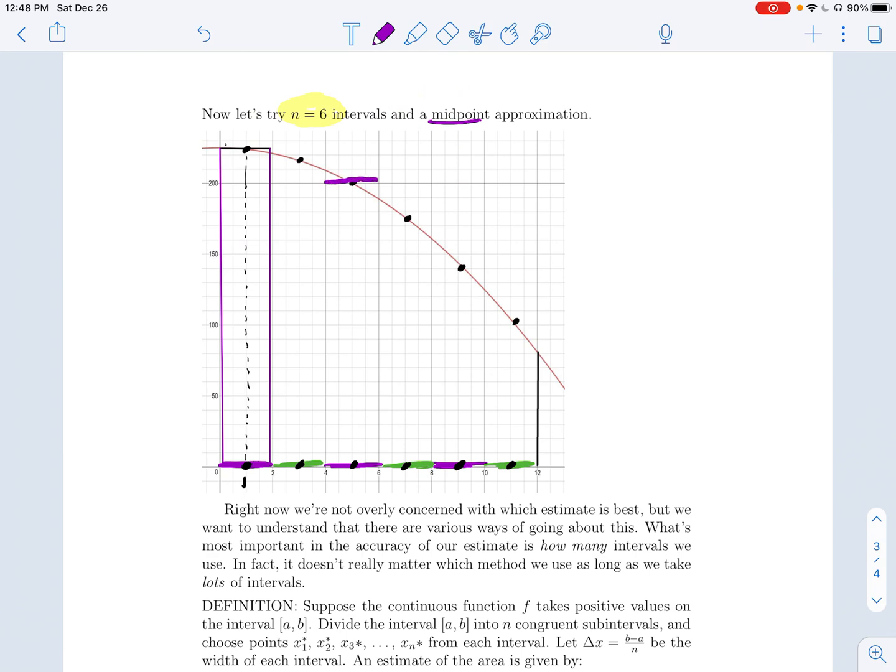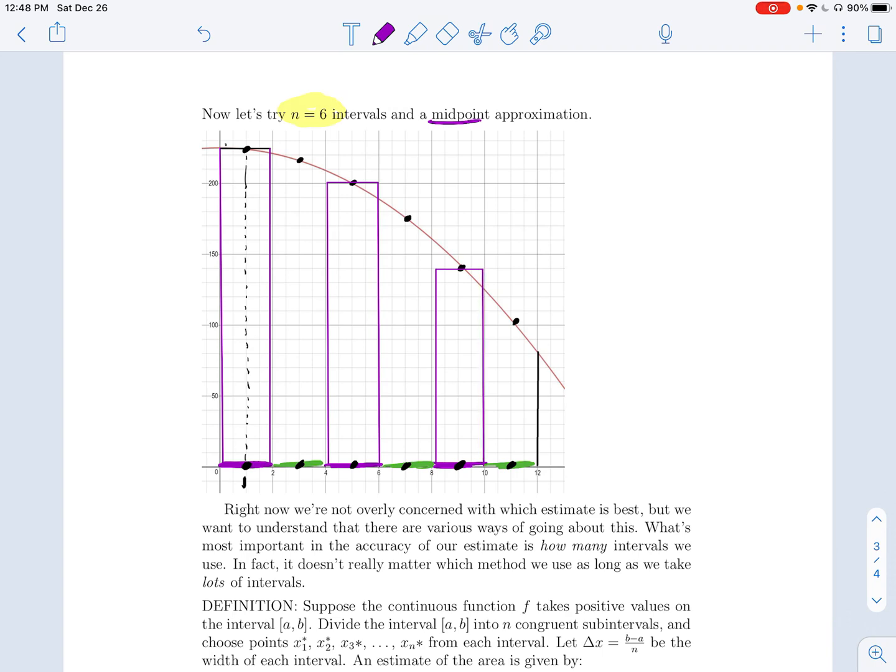So here, what we're going to have is a case where it's not clear if this is an overestimate or an underestimate, because our rectangle is sometimes above the curve and sometimes below the curve. And I don't want you to think that those errors will perfectly cancel out, but hopefully this will be much more accurate than what we did before.